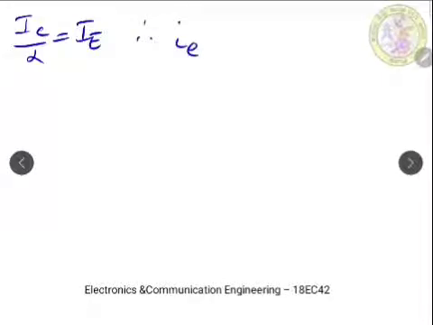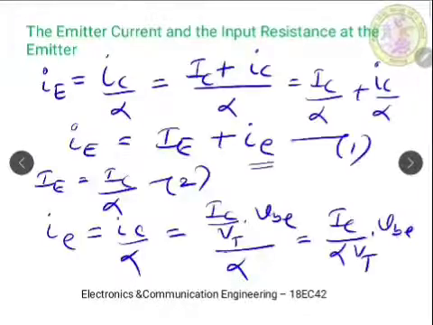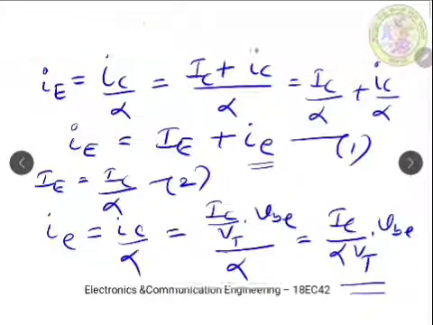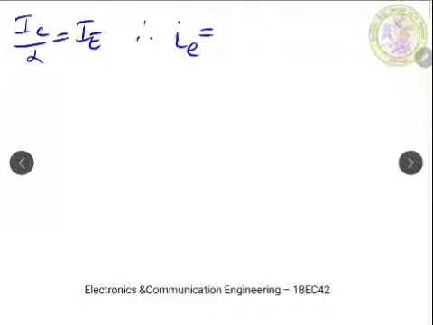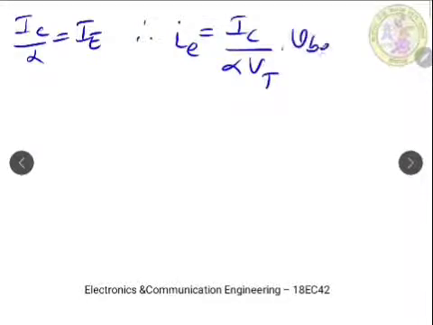We know that IC by alpha is equal to IE. So whatever we have derived in the previous step, ie equals IC by alpha VT into vbe, we now replace IC using this relation.